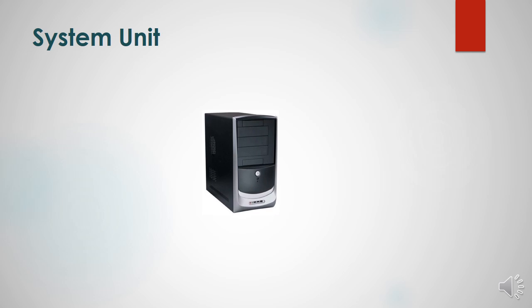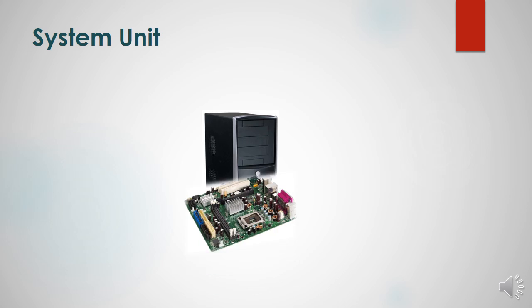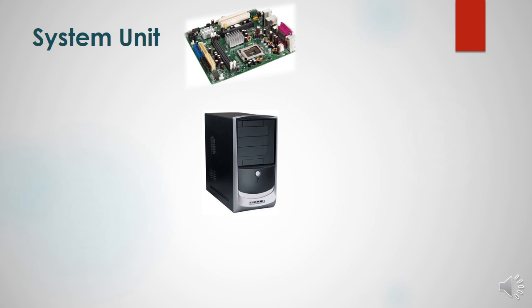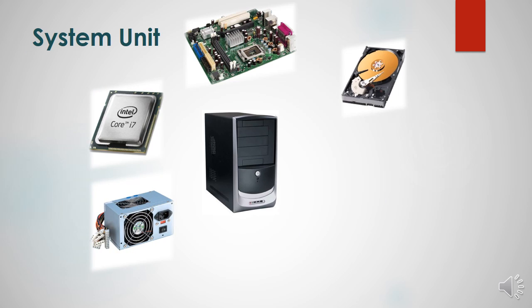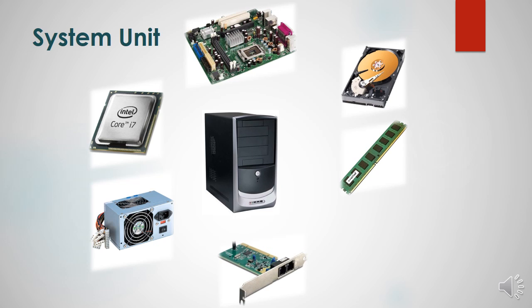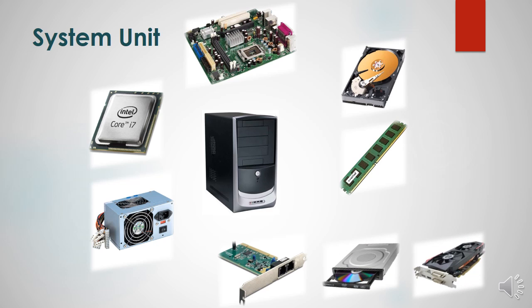Here is the system unit, and there are different devices connected with each other inside system unit like motherboard, processor, power supply, hard disk, RAM, modem, CD/DVD drive, graphic card. All these are some devices which are fixed inside system unit in a manageable way.